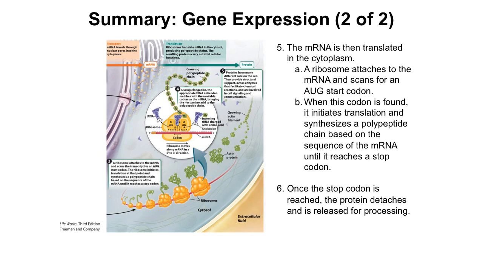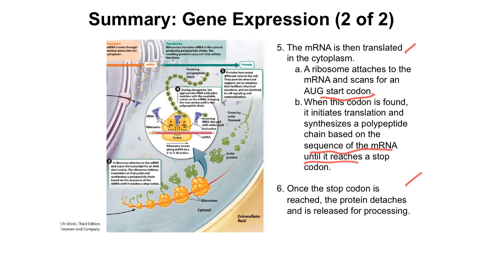Finally, the mRNA is translated in the cytoplasm, as we just described in this chapter. A ribosome attaches to the mRNA through the cap structure and then scans for an AUG start codon. When this codon is found, it initiates translation and synthesizes a polypeptide chain based on the sequence of the mRNA until it reaches a stop codon. Once the stop codon is reached, the protein detaches and is released for processing.